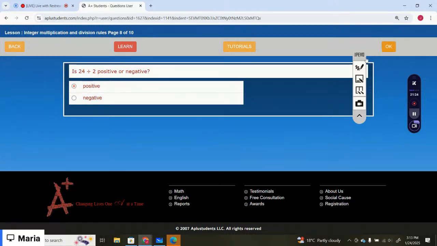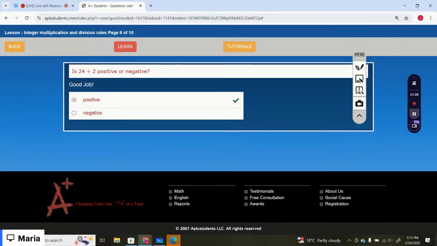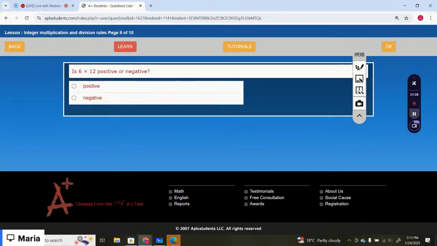That is positive because both the numbers have exactly the same sign. Is 6 times 12 positive or negative?